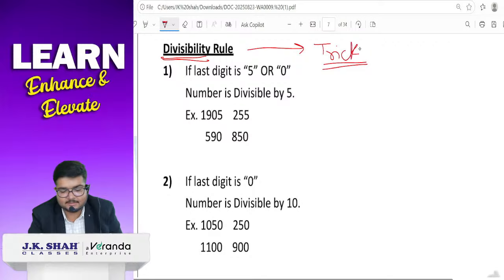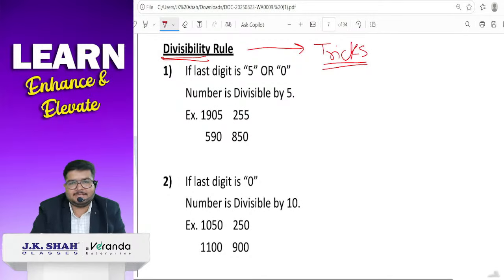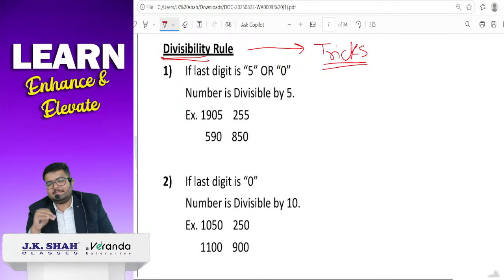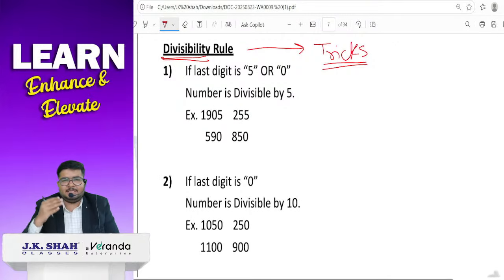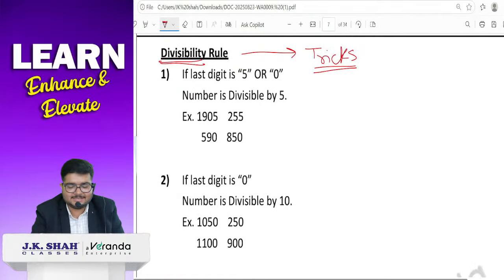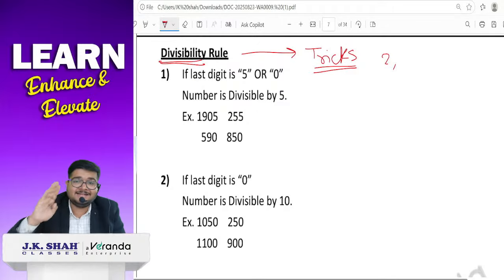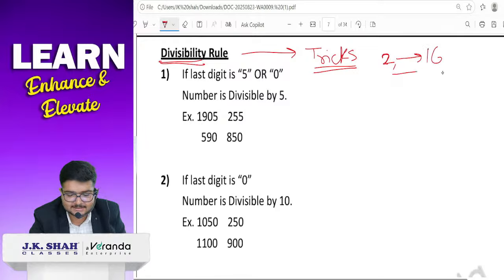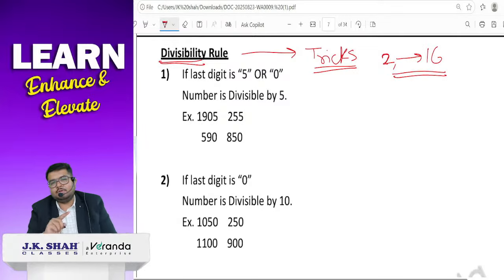These tricks will tell you if a number is divisible by 2, 3, 4, 5, 6, 7. We are going to learn from 2 to 16. These are the divisibility tests.